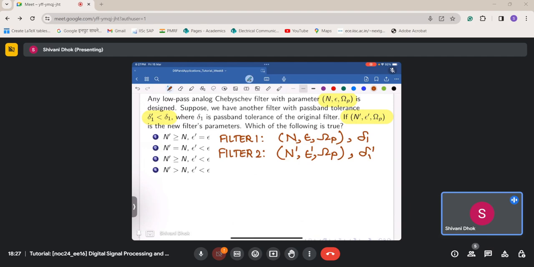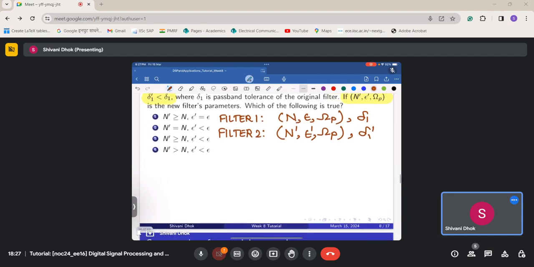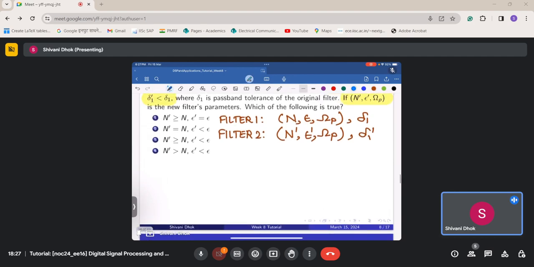So for that, let us first figure out the relation between epsilon and epsilon prime. We know that epsilon is less than or equal to under root d1, and epsilon prime will be less than or equal to under root d1 prime.